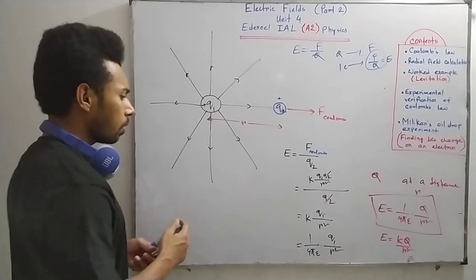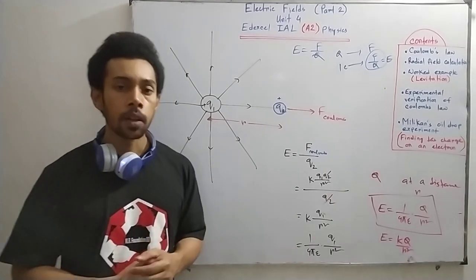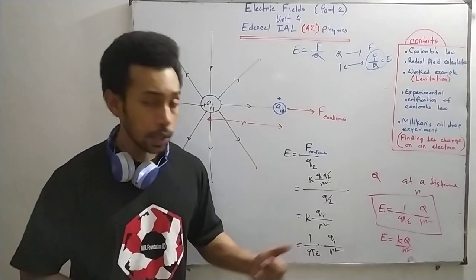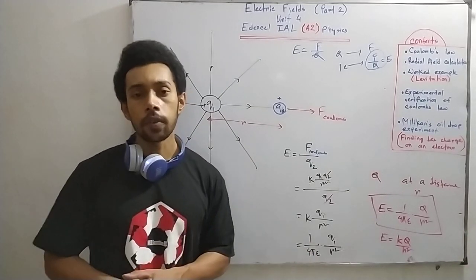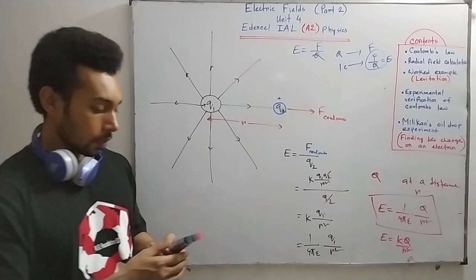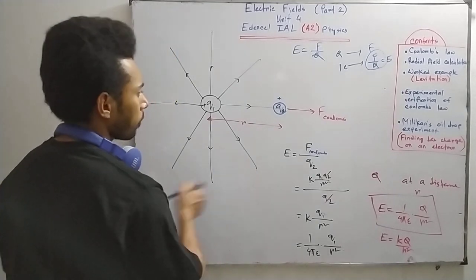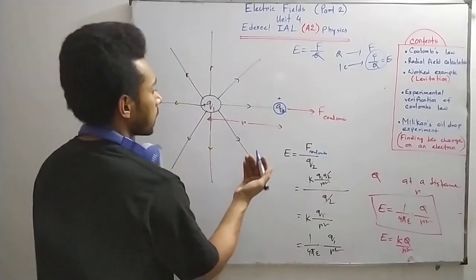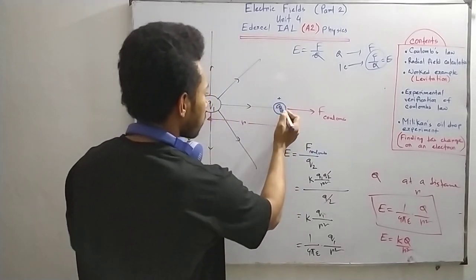So now we are going to deduce another formula for electric potential. Suppose now we have found the field strength equation, and now you want to find the electric potential.